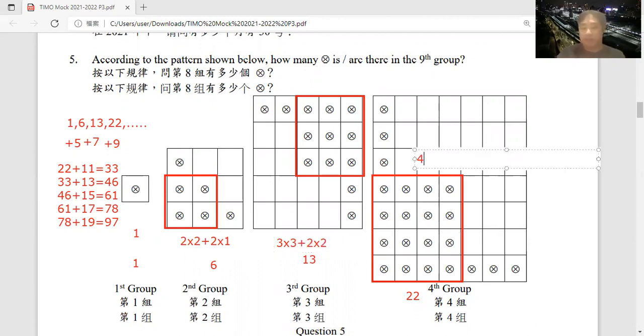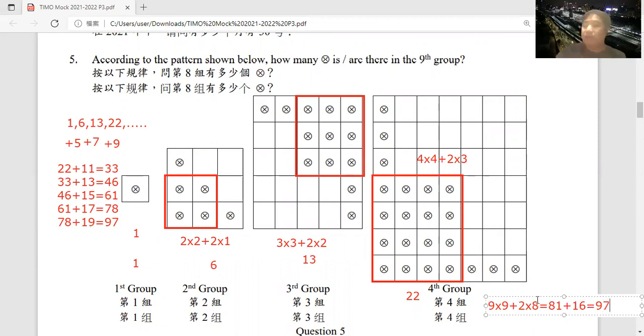And this is 4 × 4 + 2 × 3. So what's the ninth? The ninth will be 9 × 9 + 2 × 8, which is 81 + 16, which is 97. Finished. If you get the pattern, it will be much easier. There are 2 ways of doing it, and either way gets it right.